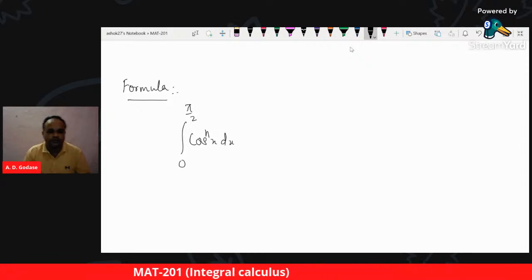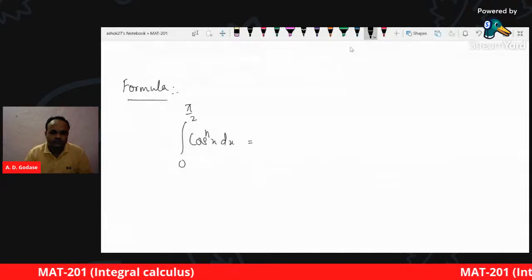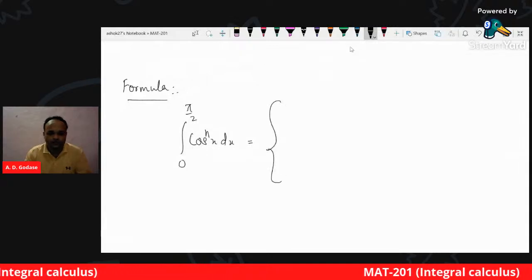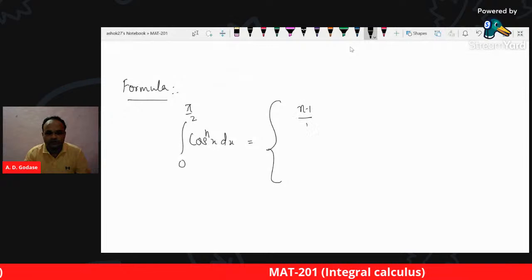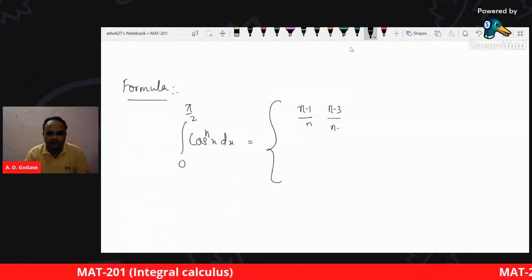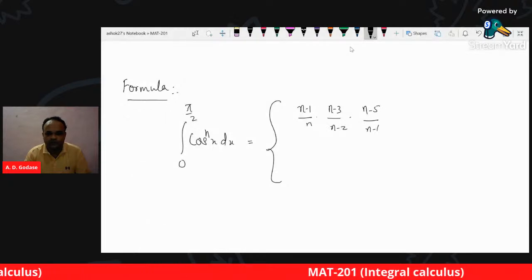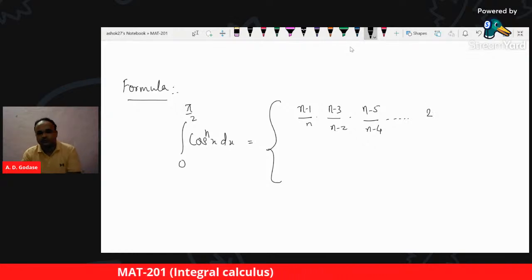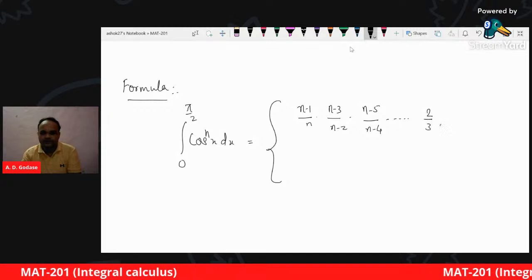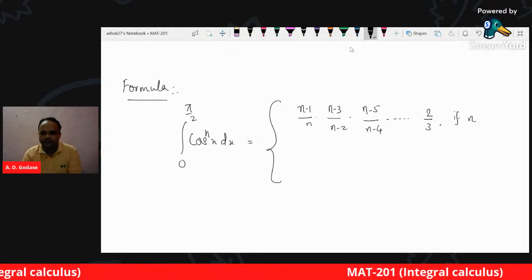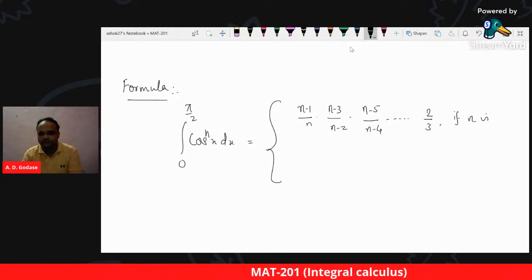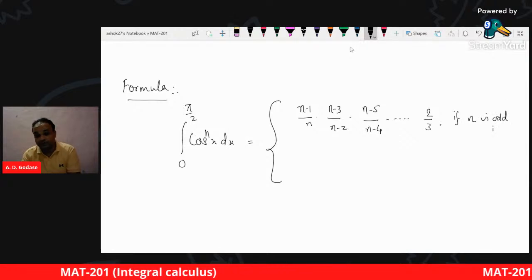So this integration is equal to n minus 1 divided by n into n minus 3 divided by n minus 2 into n minus 5 divided by n minus 4 into, up to 2 upon 3, and this is the case if n is an odd integer.